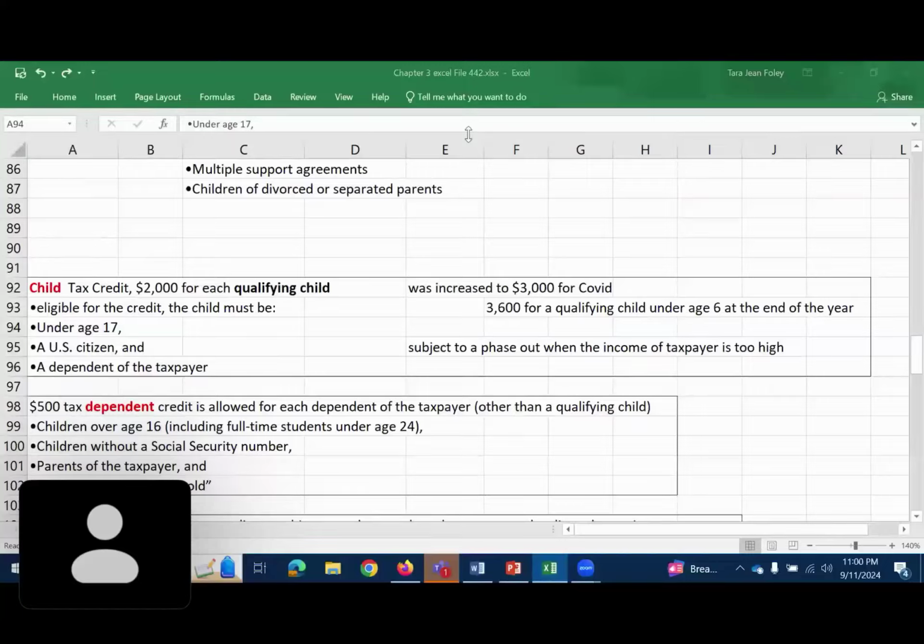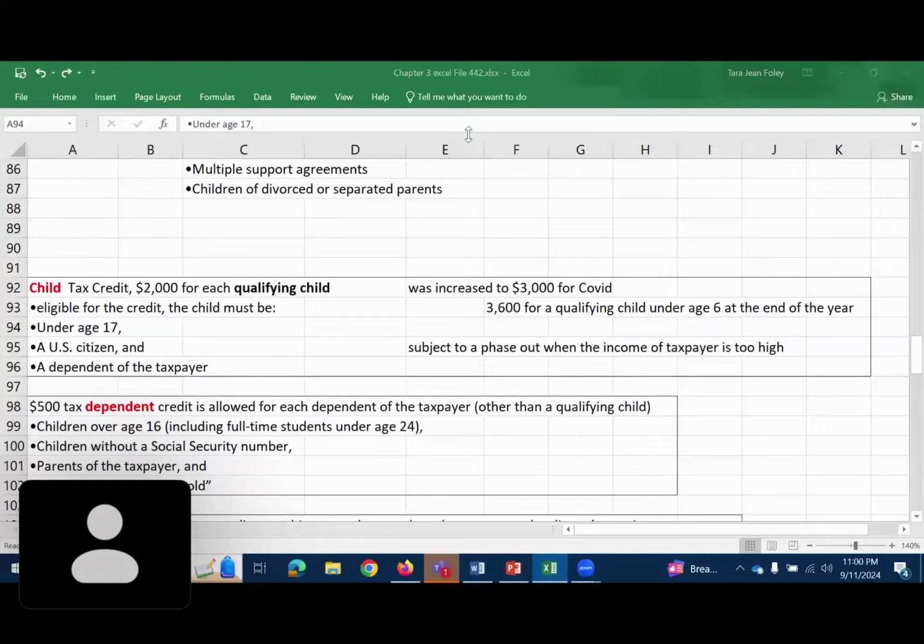The joint return test is if I have a dependent, let's say I have Paige, and she's my dependent, the dependent cannot file a joint return with her spouse unless the only reason why is to get a refund for any taxes withheld, but there's no liability existing, right? What does that mean?